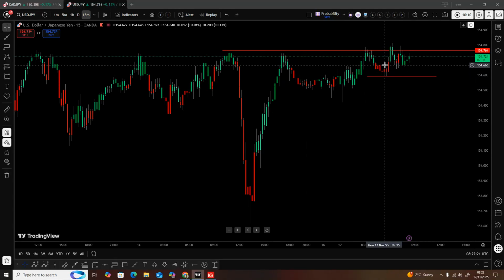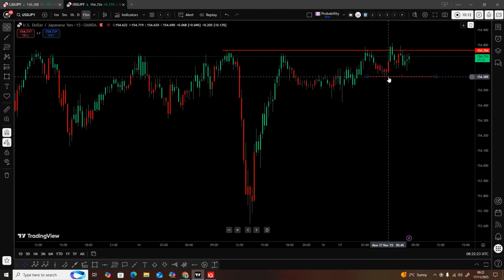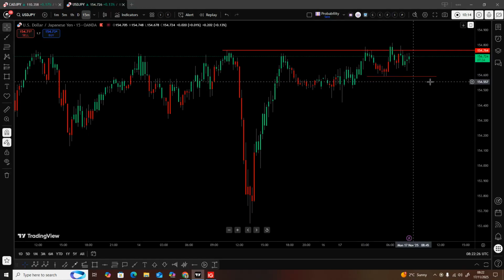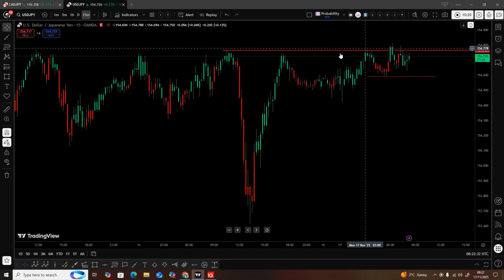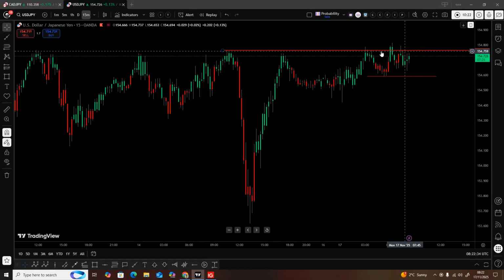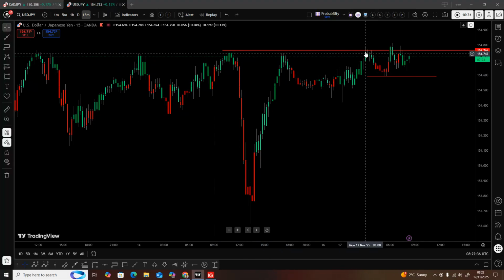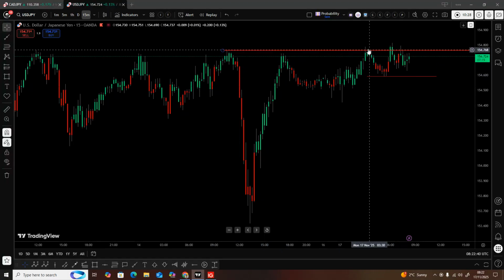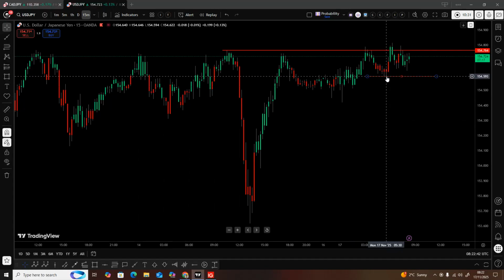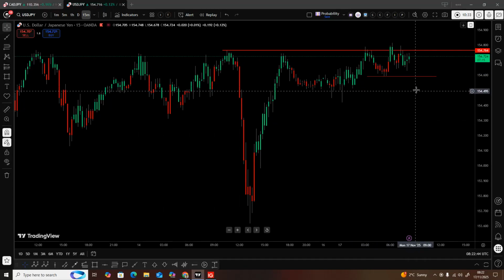If price did not break this low, we are not going to think of selling the dollar yen. It's as simple as that. It's not good enough to fail at the high. We need to see the first pullback low. This pullback low has to be broken once and twice, then we'll take a shot.